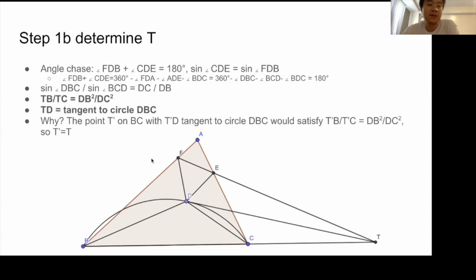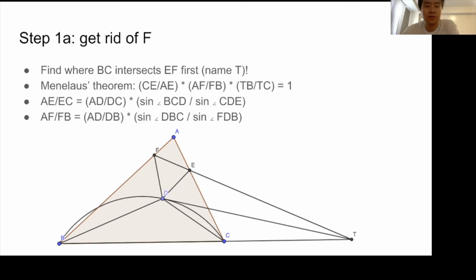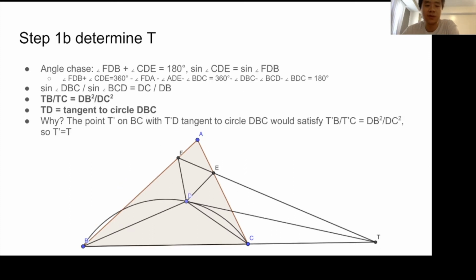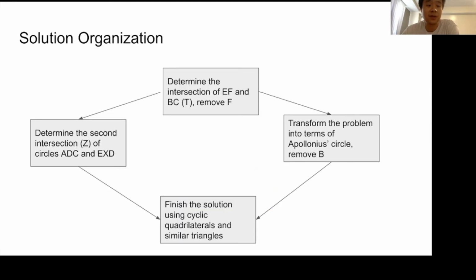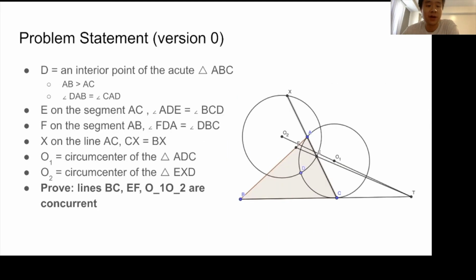But this in itself is not enough, so we need to do a bit better. We also have this condition where the angle ADE is the same as the angle BCD, and the angle FDA is the same as the angle DBC.